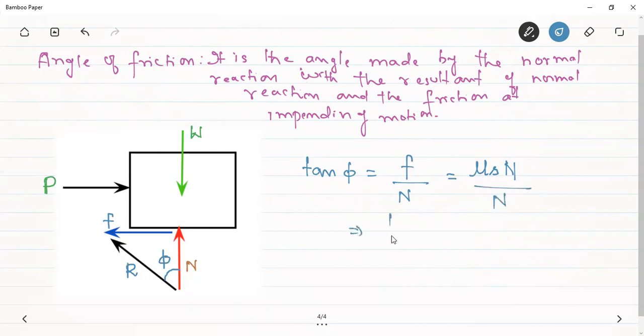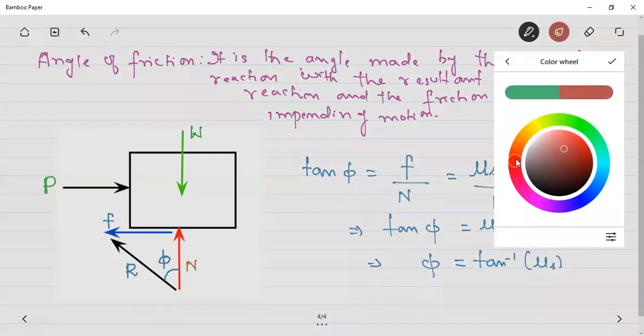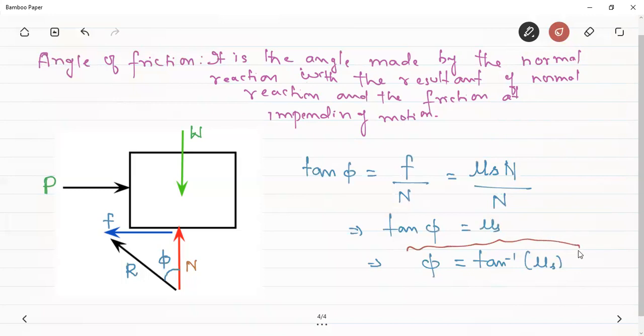So from here we get that tan phi is equal to mu s, and the angle of friction is equal to the tan inverse of mu s, the coefficient of static friction. So this is how we define the angle of friction. Another term that we need to see is the angle of repose.